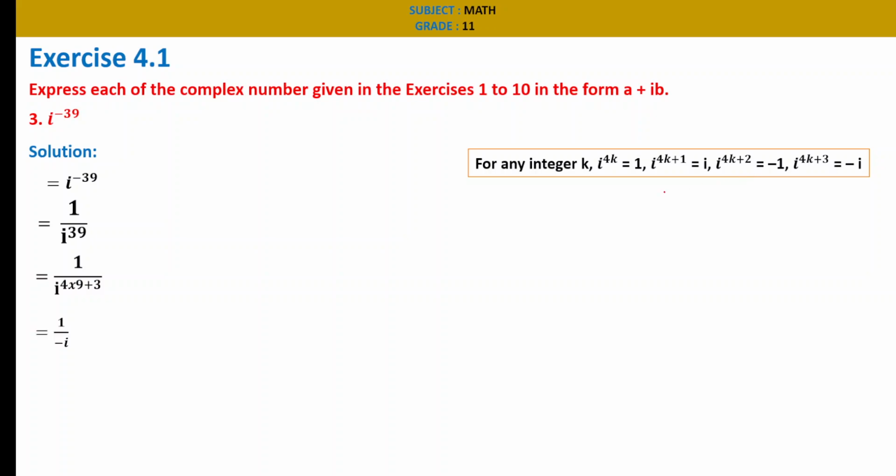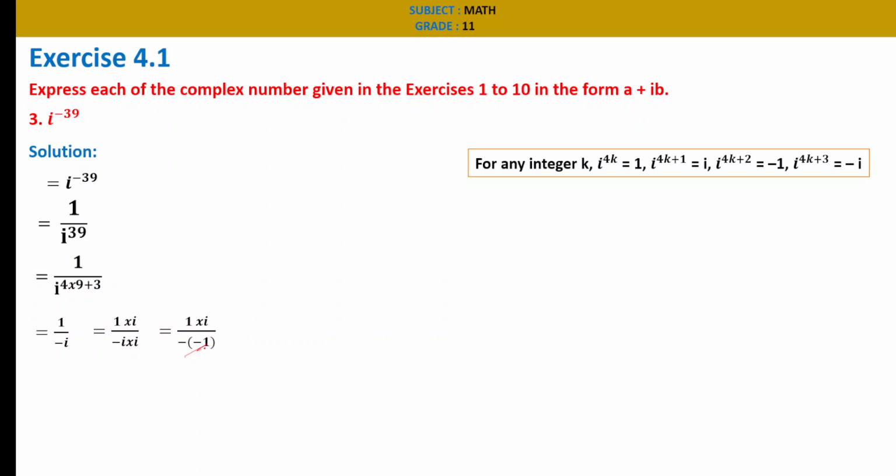So 1 divided by minus I. When the denominator is minus I, let us multiply both numerator and denominator by I. So we get 1 into I divided by minus I into I. Minus I into I is minus I square, but we know I square is minus 1. Therefore, replacing I square with minus 1 in the denominator, minus into minus is plus 1.